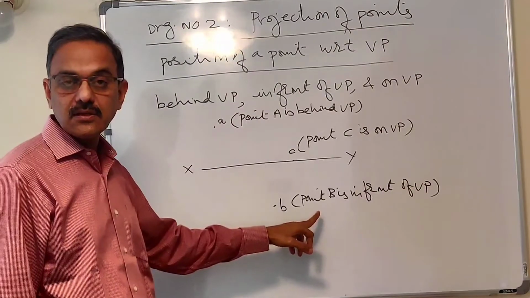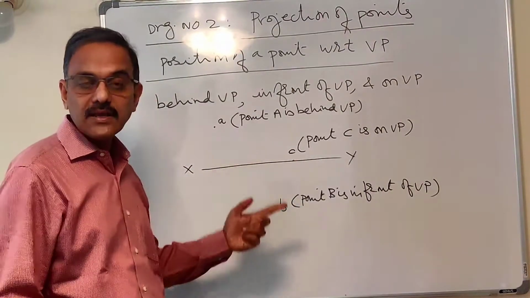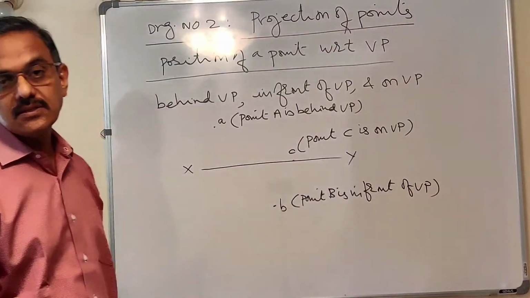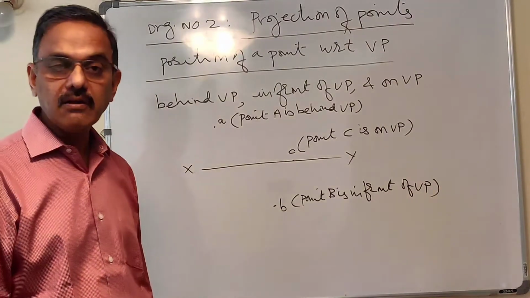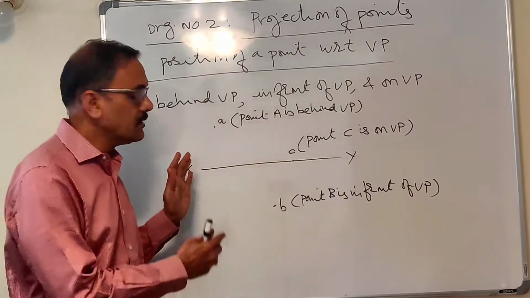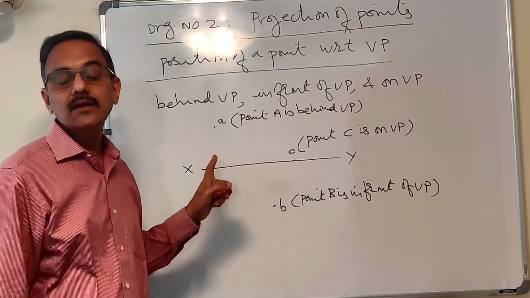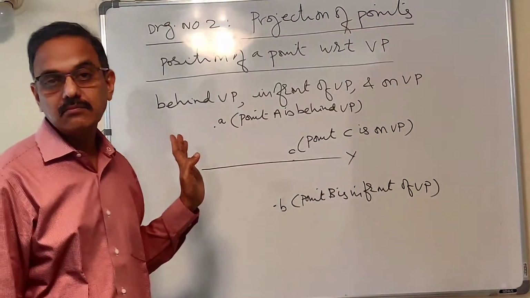That means it is in front of VP. If the top view of C is shown on the XY line, you can say the point C is in VP or on VP. So whenever you are showing the distance of a point from VP, it is shown by representing the top view.